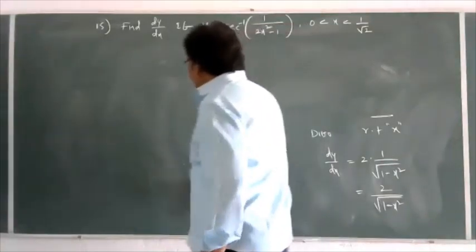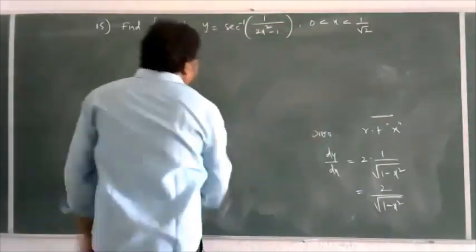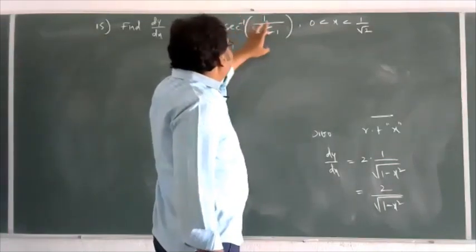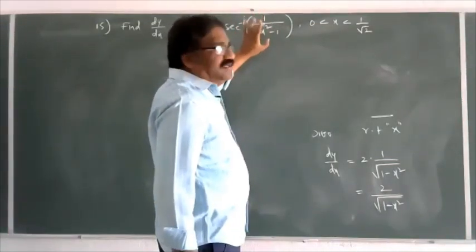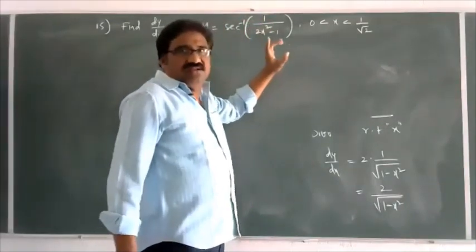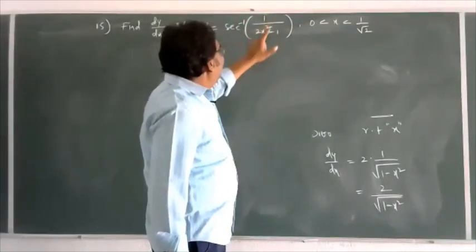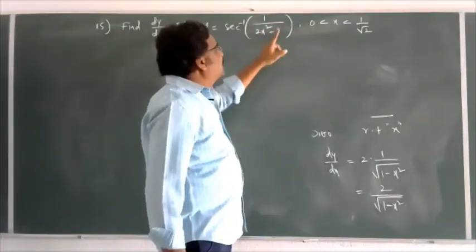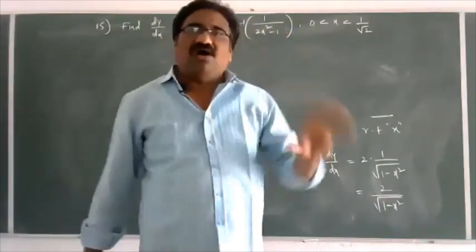Here secant inverse is given. In the bracket we require secant. In the bracket, 1 by 2x square minus 1 must be in terms of secant. So 1 by cos goes to secant, and 2x square minus 1 goes to cos.